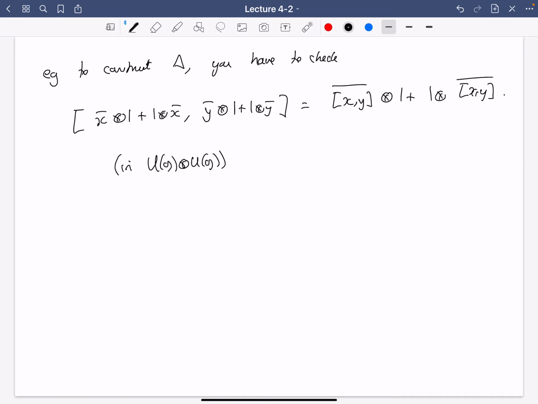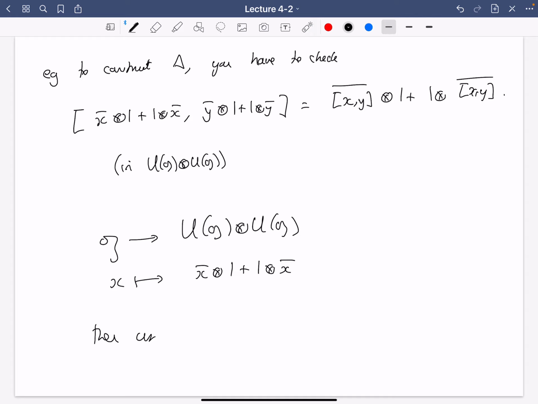So you check that, and then that gives you a Lie algebra homomorphism from G to U of G tensor U of G, sending x to x bar tensor 1 plus 1 tensor x bar, and then you use the universal property.